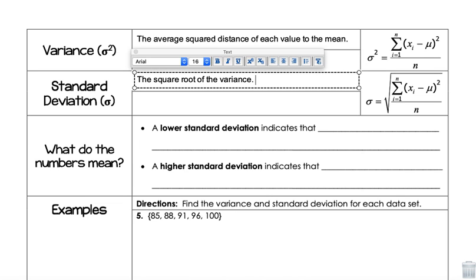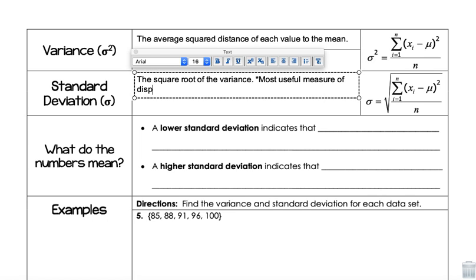The standard deviation is probably the most useful measure of dispersion, meaning you use standard deviation a lot to figure out how close together or spread apart the values are. So what do the numbers mean?